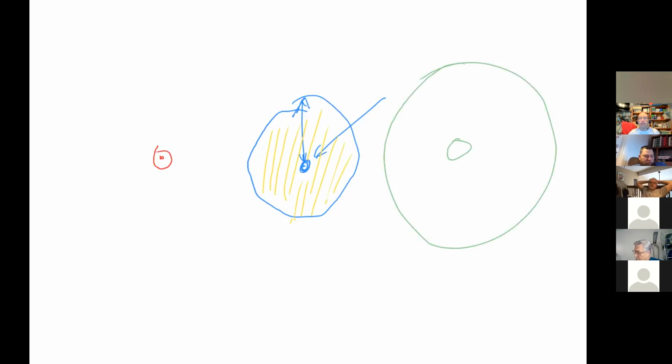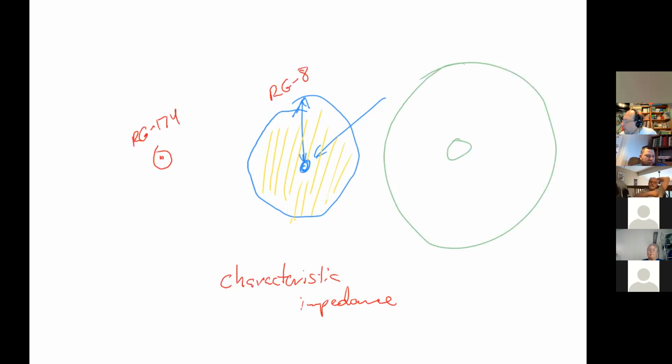So long as the ratios are the same, the characteristic impedance does not change, because it's based on the ratios of the geometry. So you can have something like an RG 174, or an RG 8, or a 3-inch hardline, which is actually rigid cable with a 3-inch diameter.